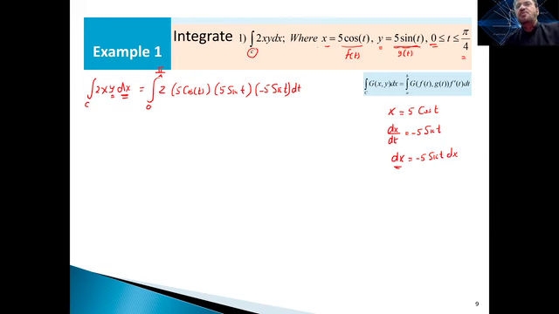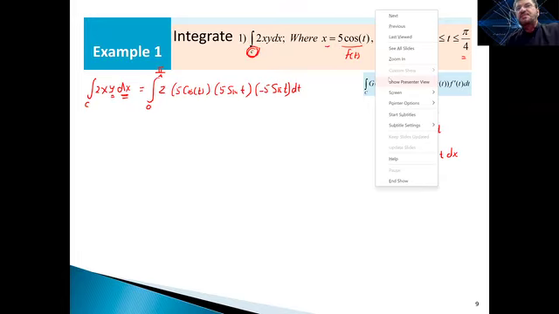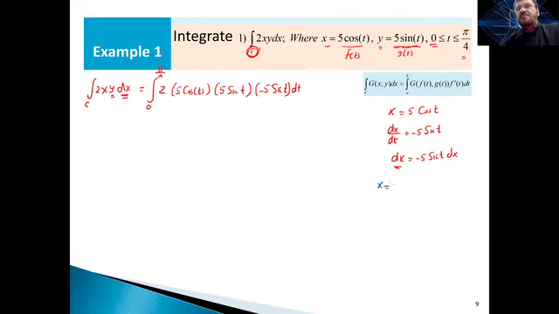By the way, let me show you how the curve looks. x is 5 cosine t. It's interesting to see how the curve comes out. You have x is 5 cosine t, and y is 5 sine t. What happens if I square and add? Remember what we used to do before? Square x and square y and add them.